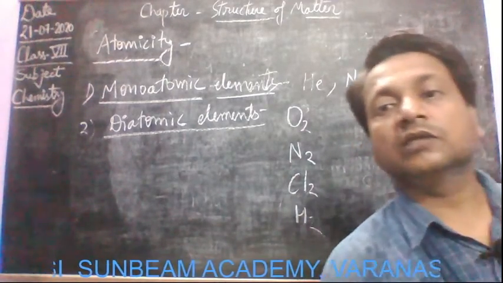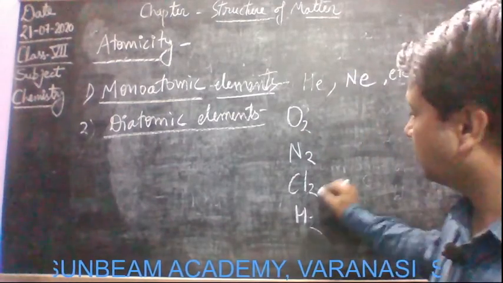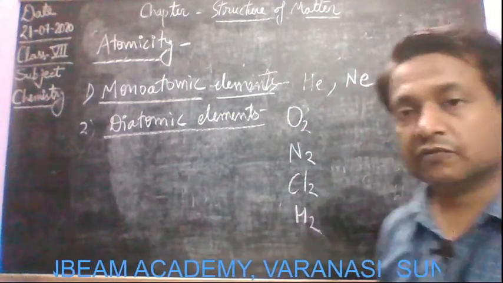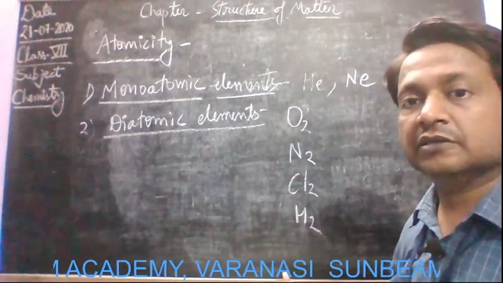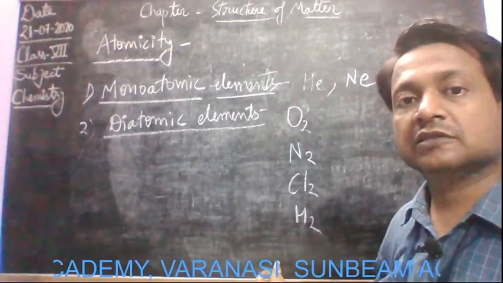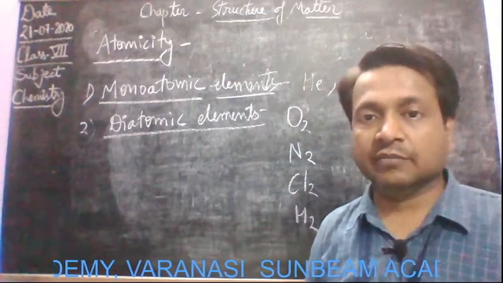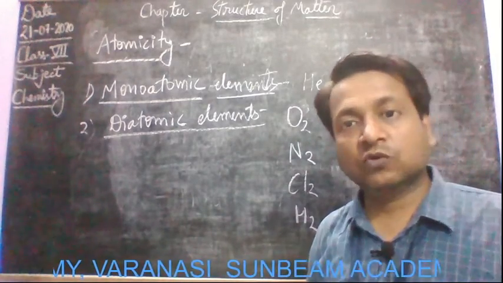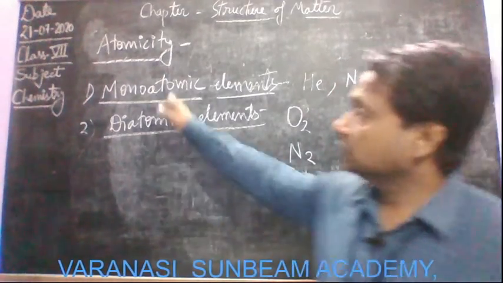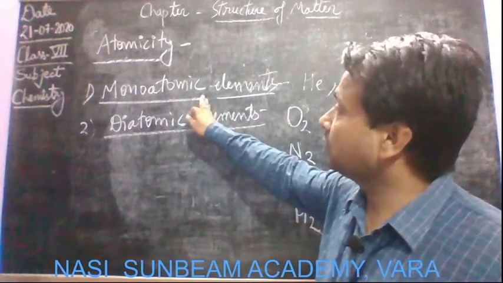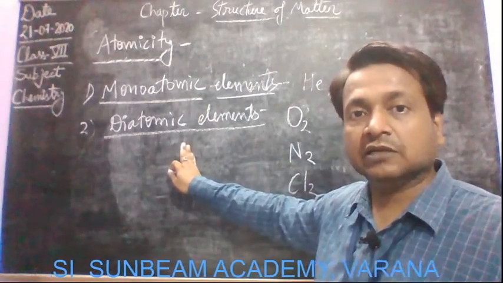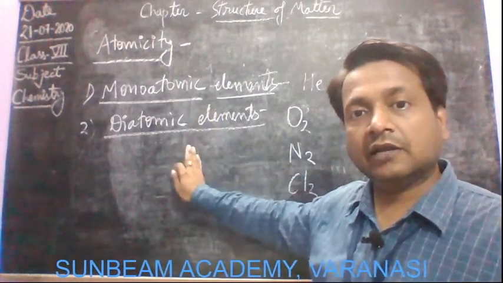One molecule of hydrogen is made of two atoms of hydrogen. These kinds of elements are termed diatomic elements. I hope that you understood these two different kinds of elements on the basis of the number of atoms present, monoatomic and diatomic.